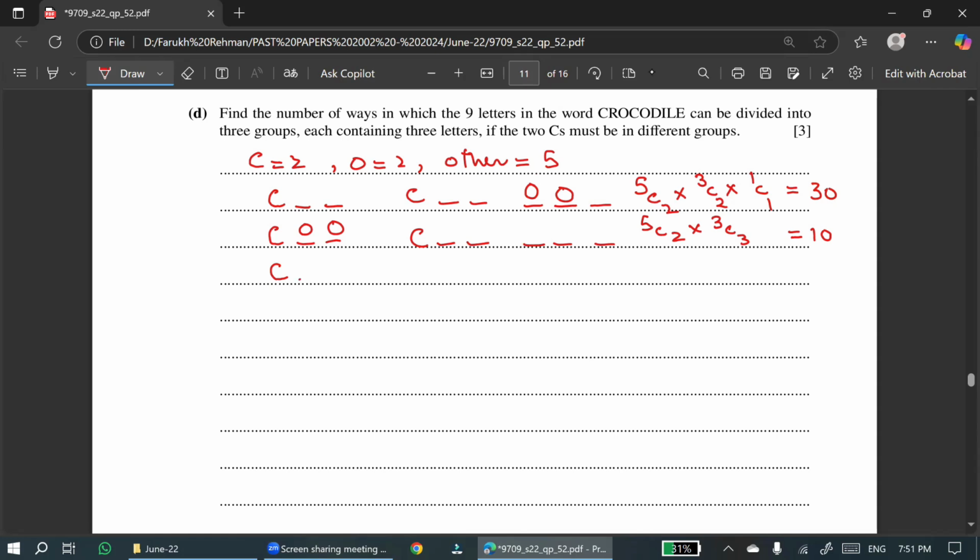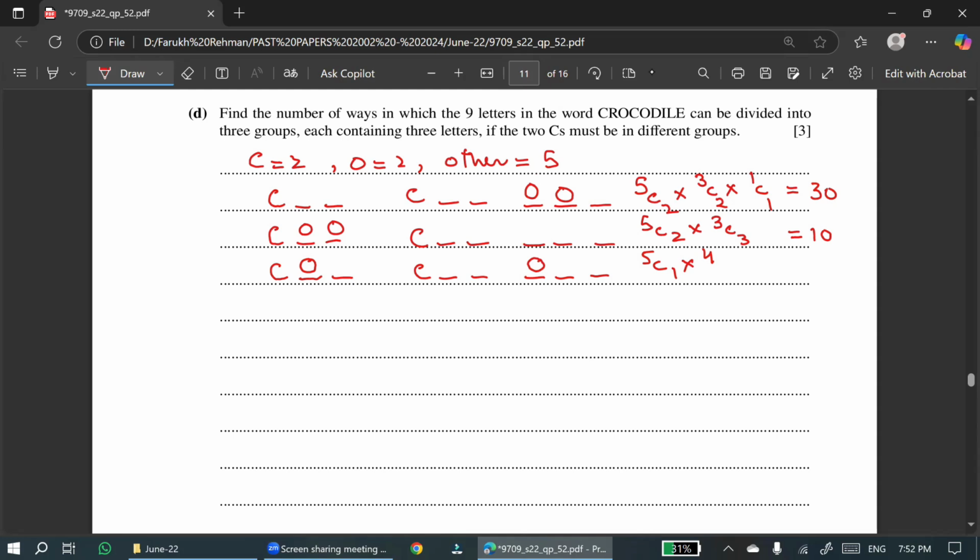Now, in the third case, we will place one O in a group in which there is one C, and one O in a group in which there is no C. Now, to fill the one position in the first group, the options are 5C1 into.